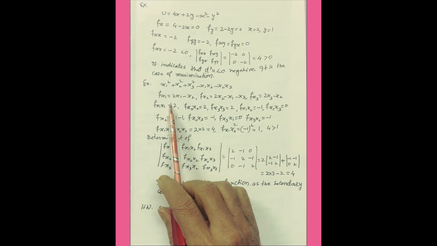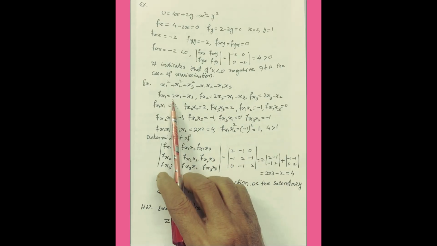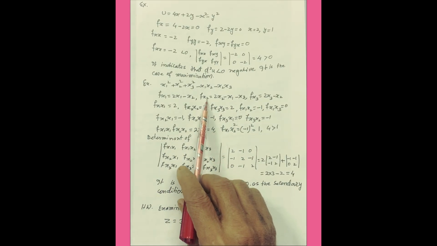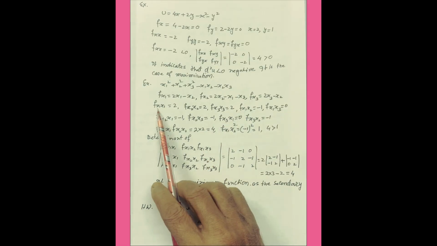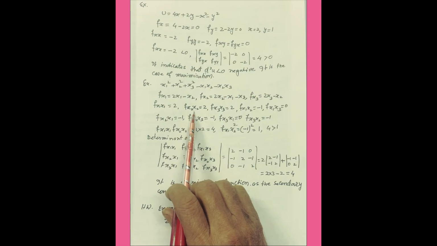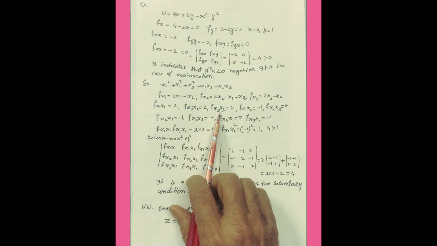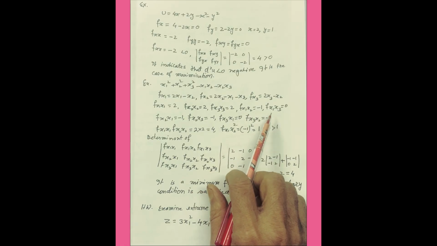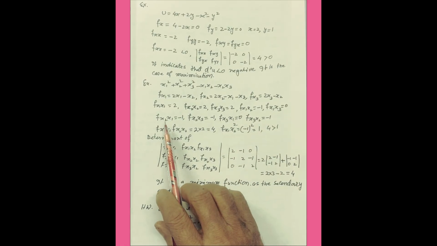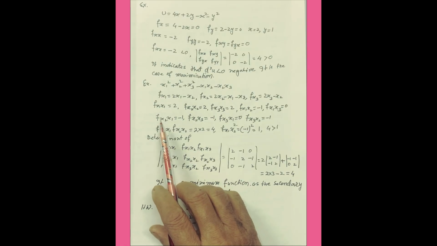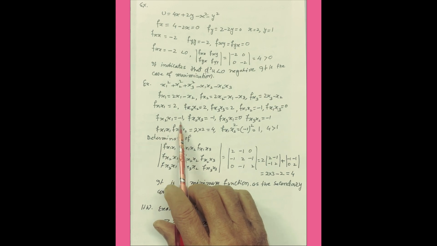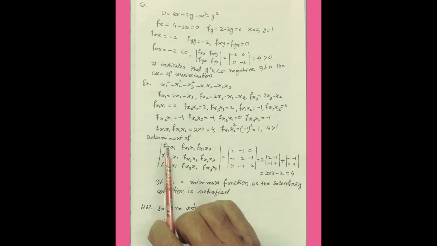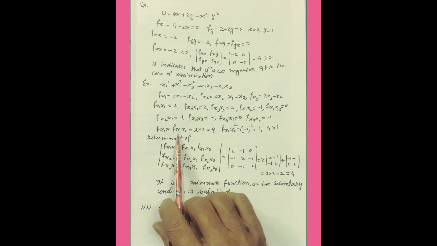So here also, we find the derivatives fx1, fx2, fx3, fx1x1, that is f11, f22, f33, then f12, that means x1, x2, then fx1x3, f21, that means partial derivative with respect to x2 and x1. Like that we can get it. Now multiplication of that.